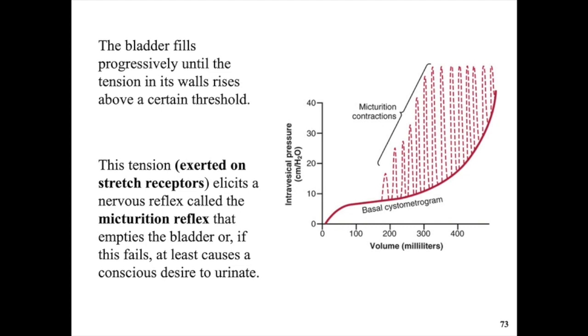The bladder has stretch receptors that allow us to sense how filled up the bladder is, empty or completely full. Once the stretch receptors are stimulated, we are going to induce what we call a micturition reflex, a reflex that will force the urine out.